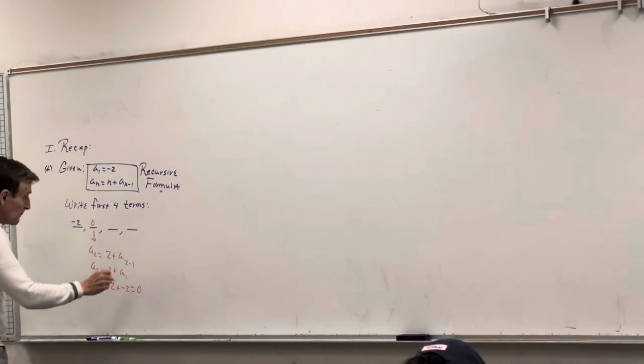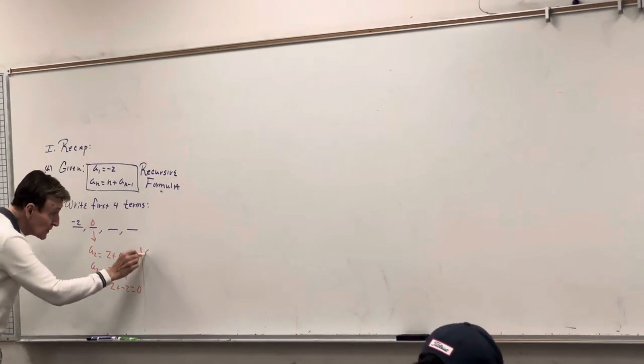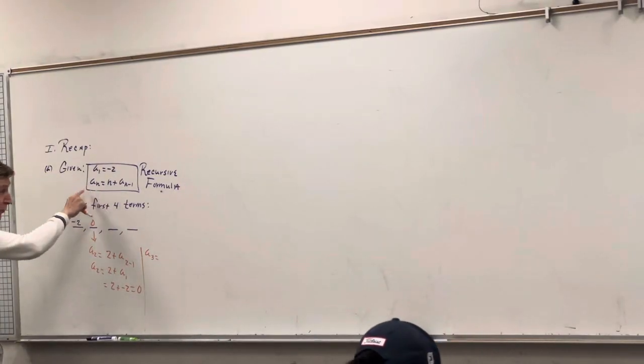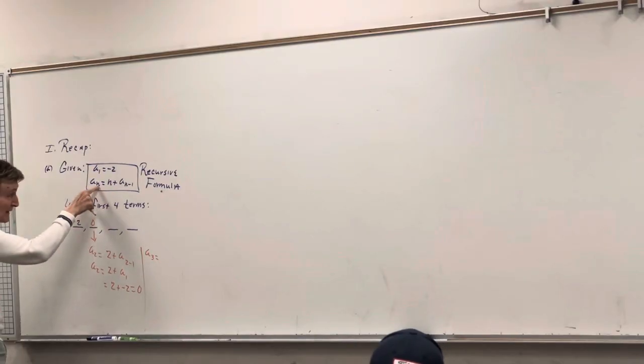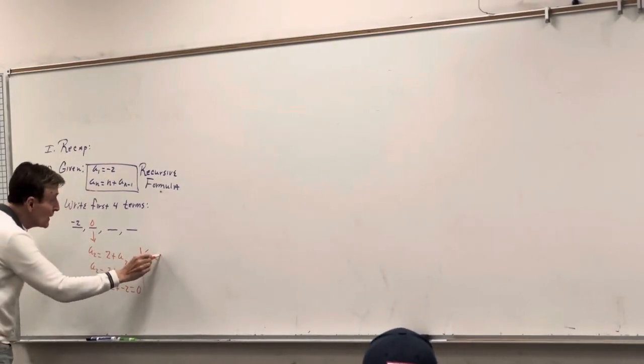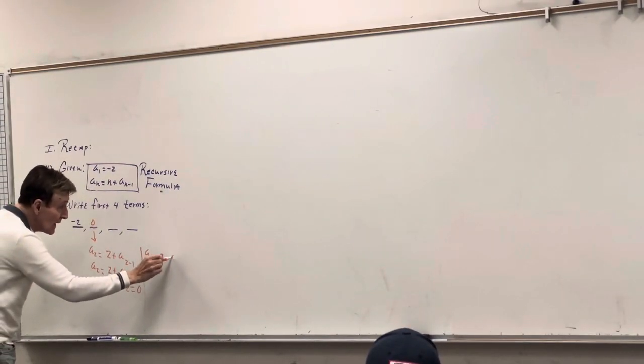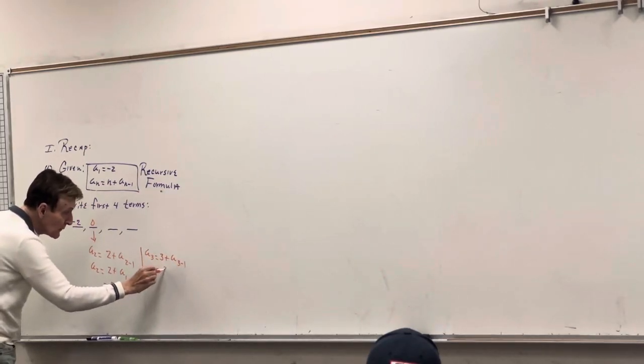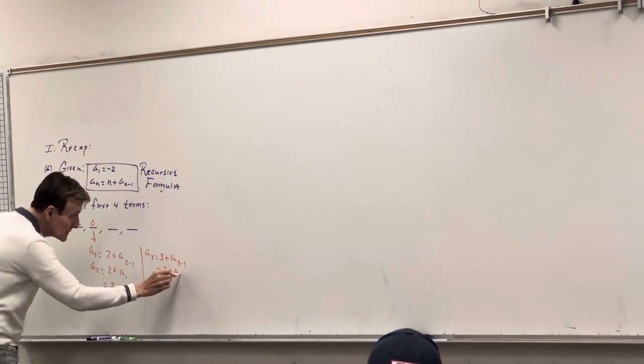Okay, A subscript 3 is coming up next, third term, written like this. If I apply this formula, recursive formula they call it, to this, replace n by 3, I have 3 plus A subscript 3 minus 1, or 3 plus A subscript 2.